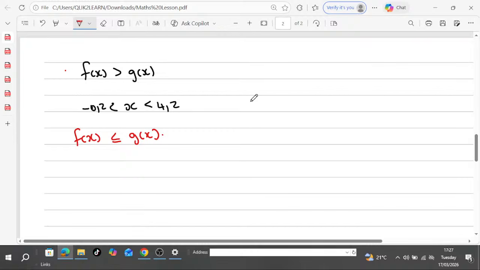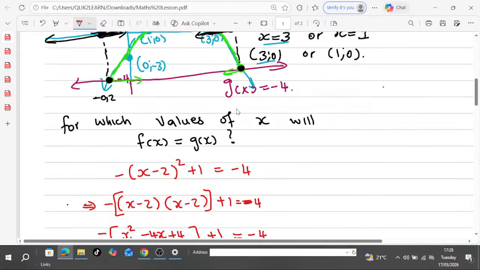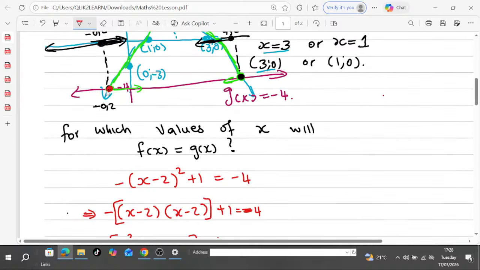So we need to check where is f at x below g at x. So now it's below from this point here going down, and from that point there going down. So this tells you that from this point going in that direction, f at x is below g at x, and from this point going in that direction, f at x is below g at x.